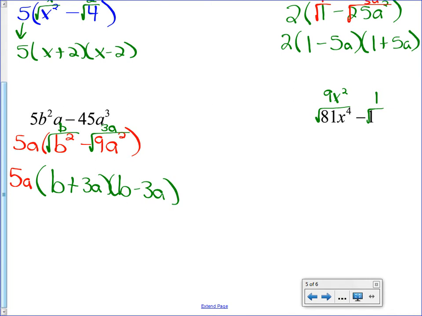That's why it has to be even. So I'm left with 9x squared plus 1, 9x squared minus 1. Anyone notice anything different here? Or anything special here?